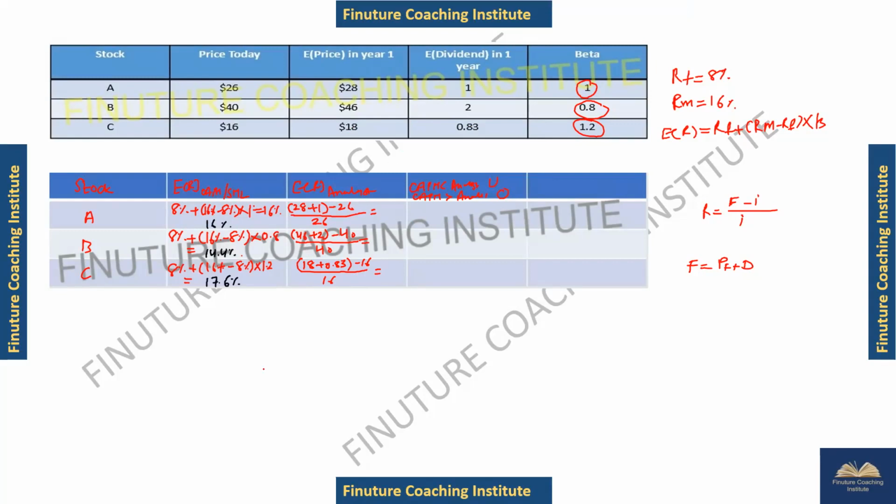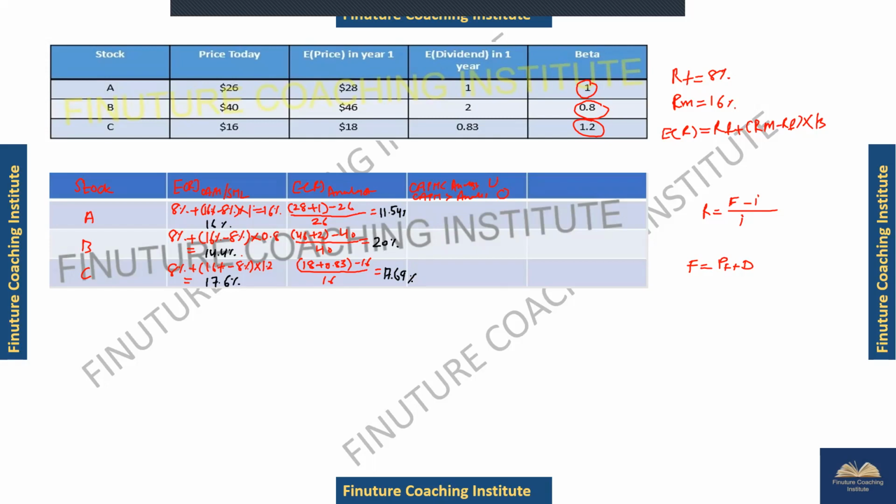Let me change the color of the pen so that we can directly compare the numbers. So this one is 11.54%, the next one is 20%, and the last one is 17.69%.